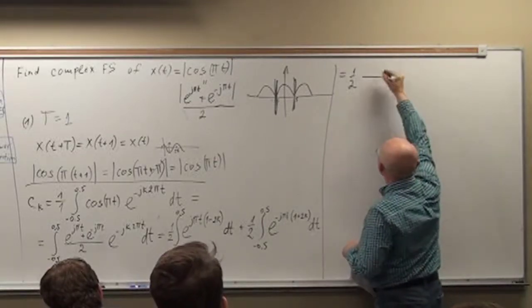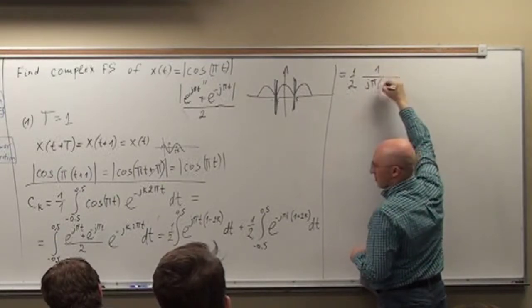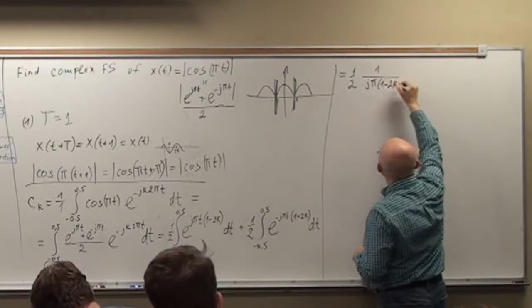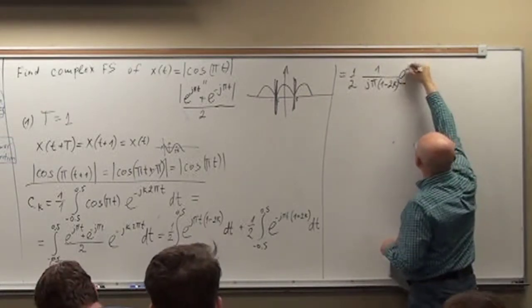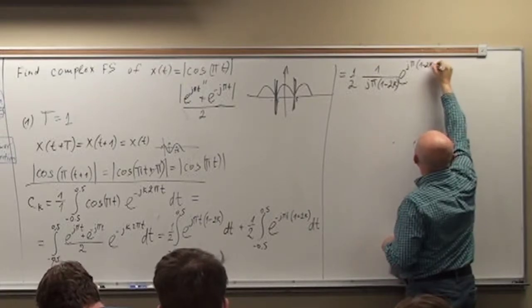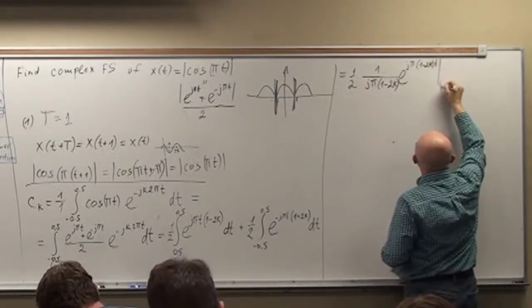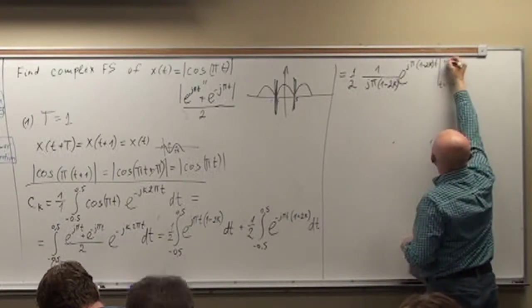So it's 1 divided by j pi 1 minus 2k times exponent of the same thing, integrals from minus 0.5 to 0.5.